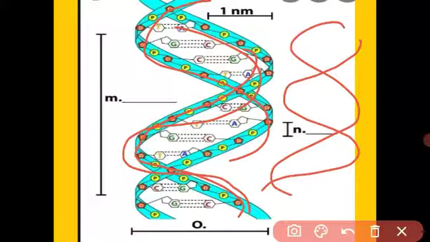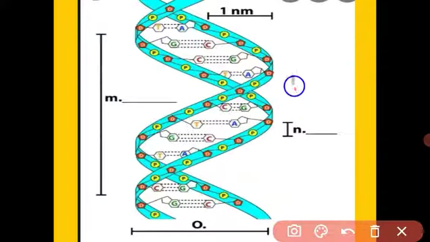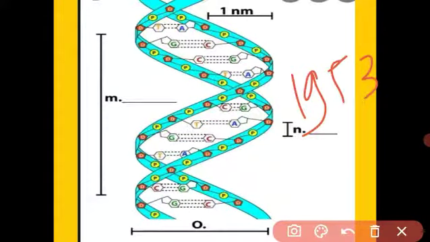This shape of the DNA molecule was first studied by Rosalind Franklin in 1953. Later, Watson and Crick proposed the theory that DNA is a double-stranded helical structure. They both got the Nobel Prize for this structure.